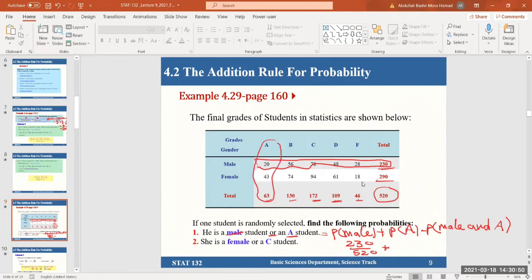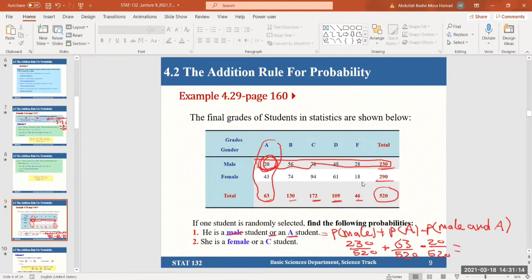P of an A student is 63 over the grand total 520, minus P of the intersection of male and A, which is 20 over 520.